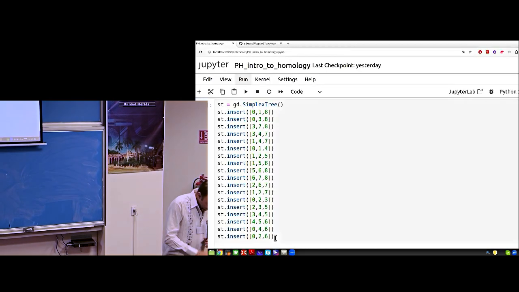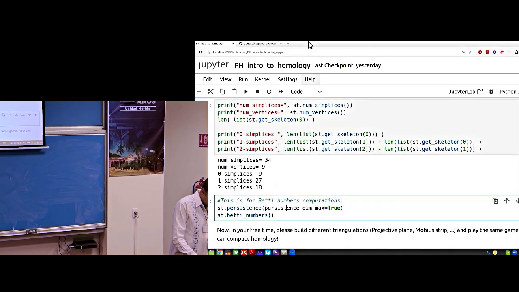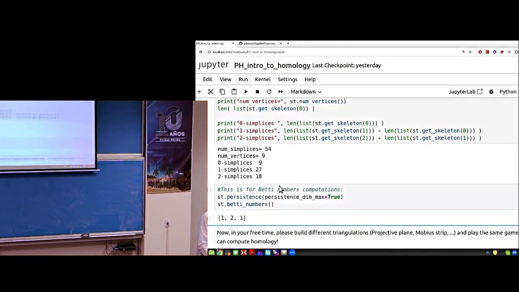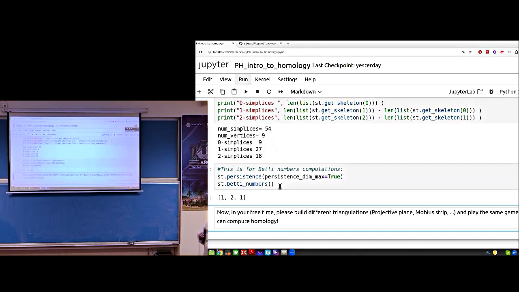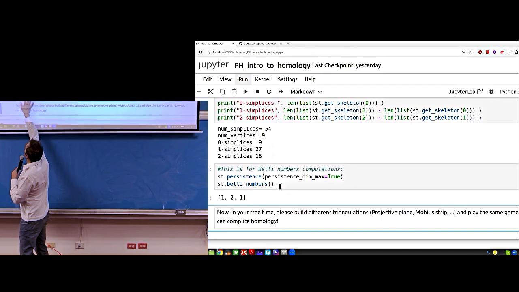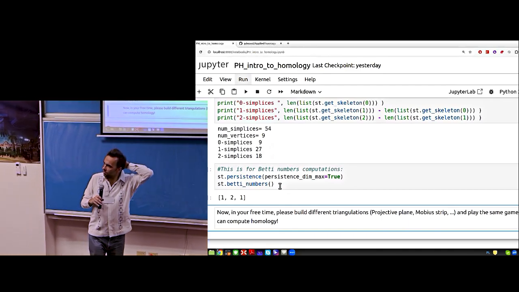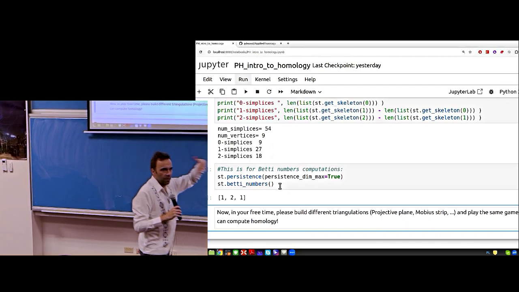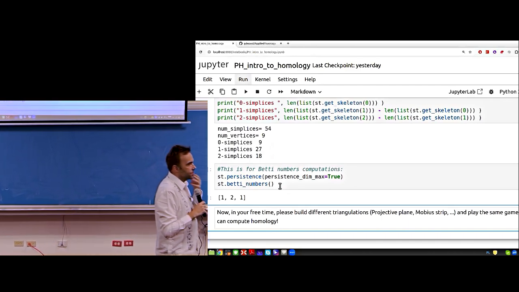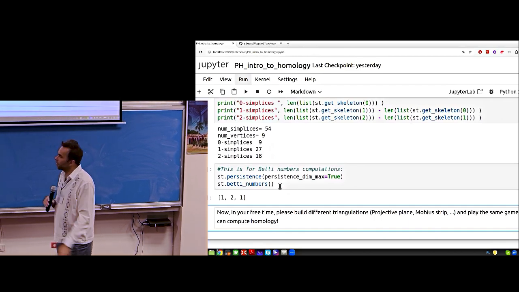Okay? So we have the insert function, and then we can compute just a standard persistence and get the Betti numbers. And indeed, this is what we get. So this is the 0th, first, second Betti number. And of course, when you have a triangulation of pretty much anything, you can just adapt this code by inserting the top dimensional simplices, and it will do the calculation for you.